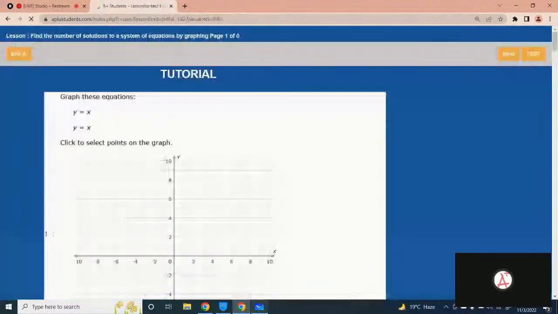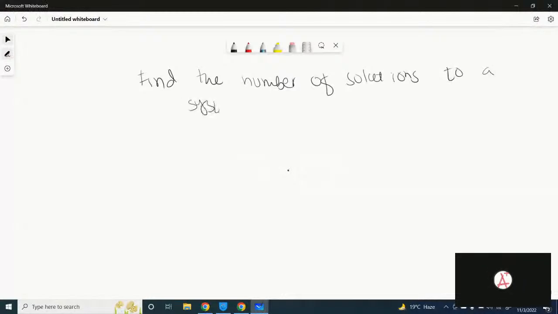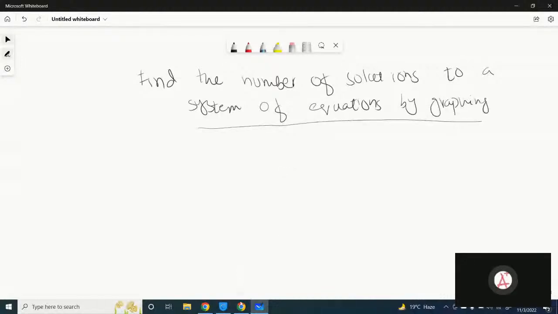Okay, let me write down the topic: find the number of solutions to a system of equations. Okay, let's start with examples.